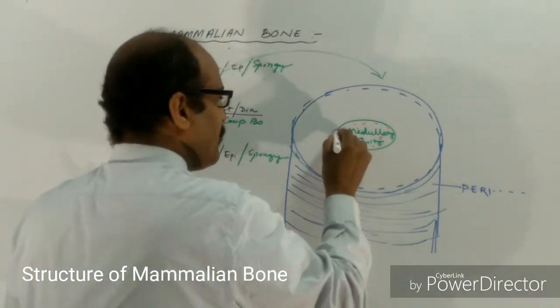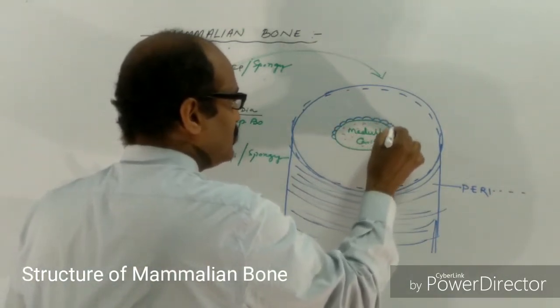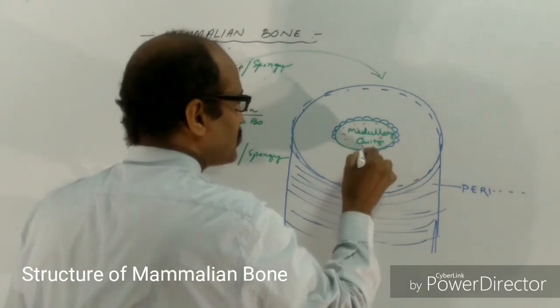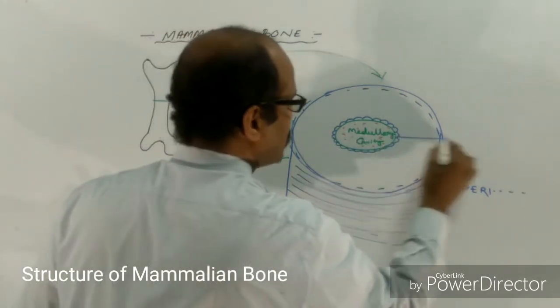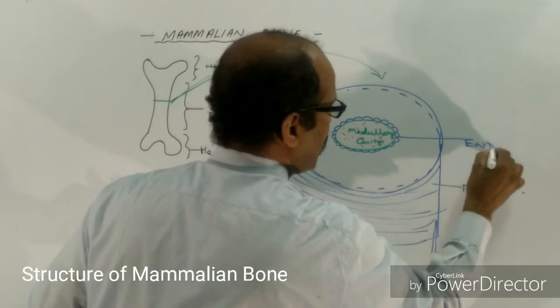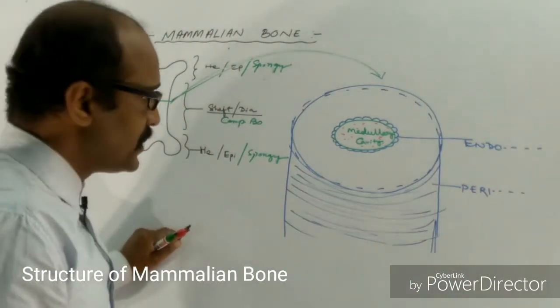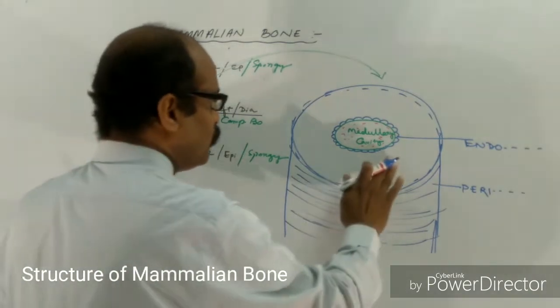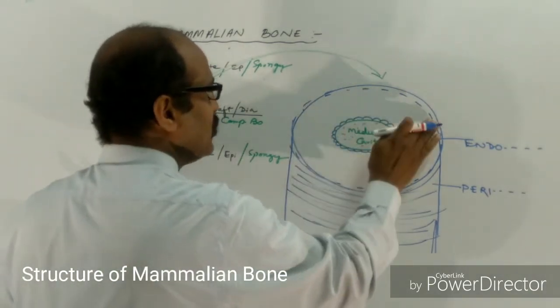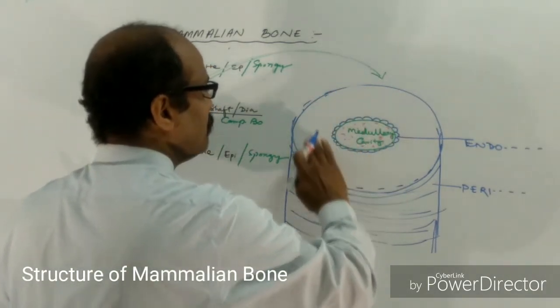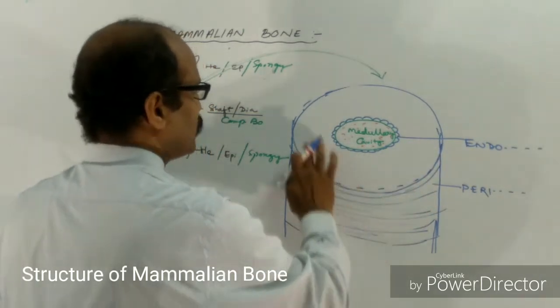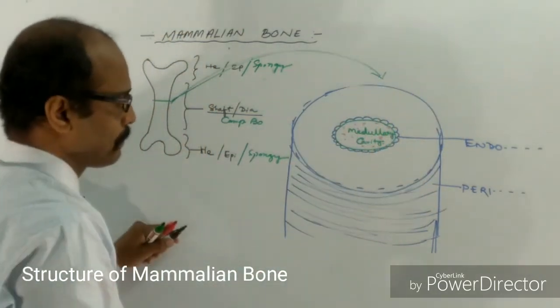Around the medullary cavity, there is a layer of cells, which is known as the endosteum. In between the periosteum and the endosteum, this region is filled with the bone matrix and the bone cells.